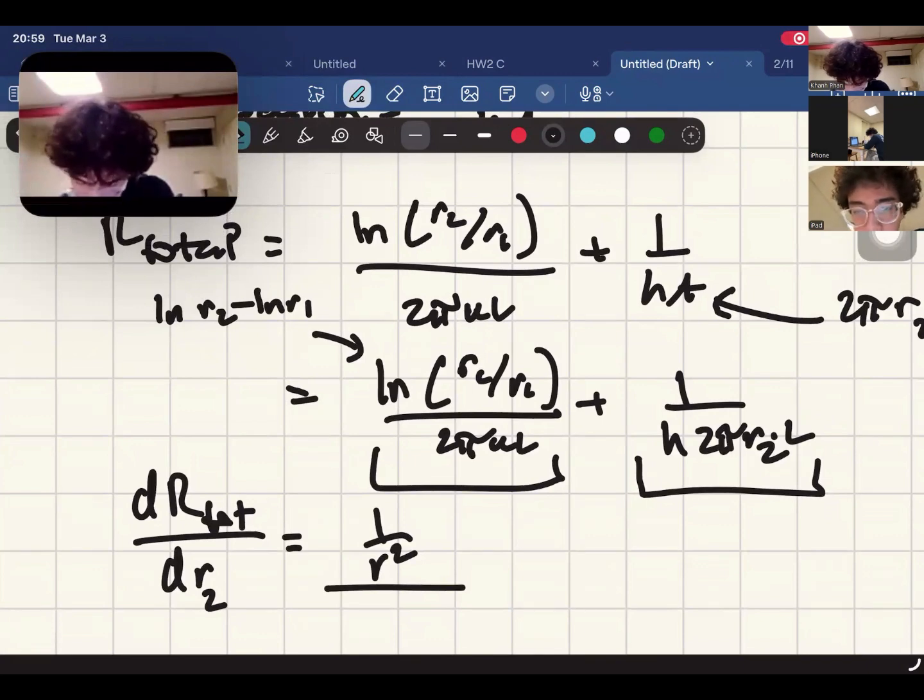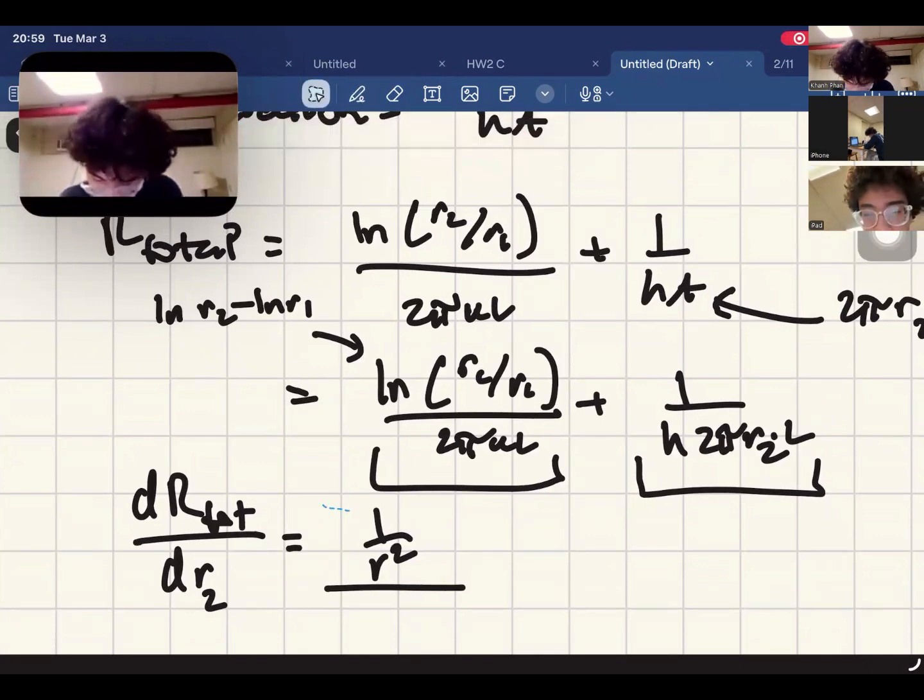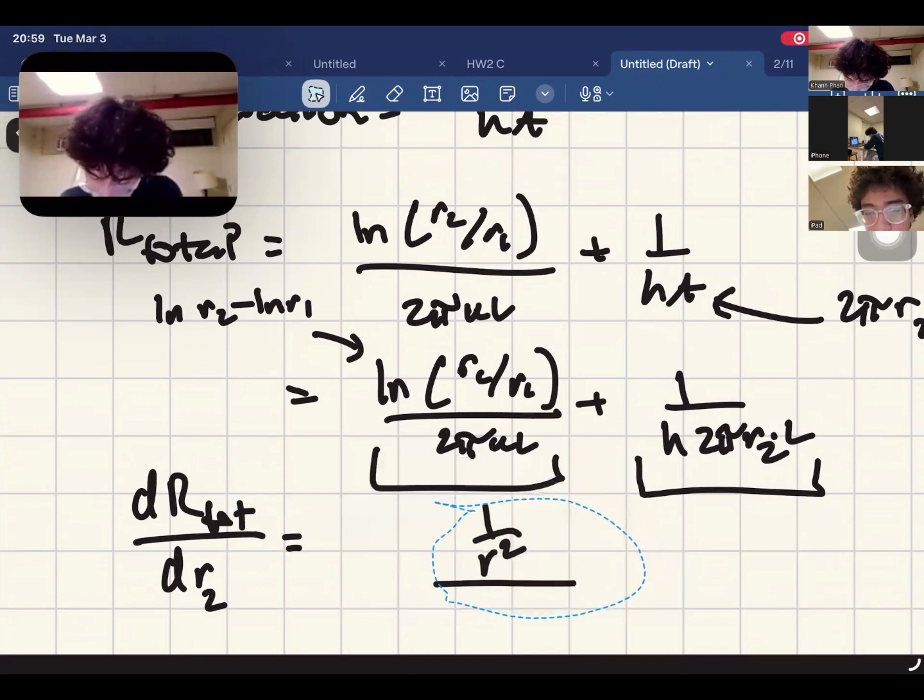Let's just factor 2 pi L out, because they're common factors.